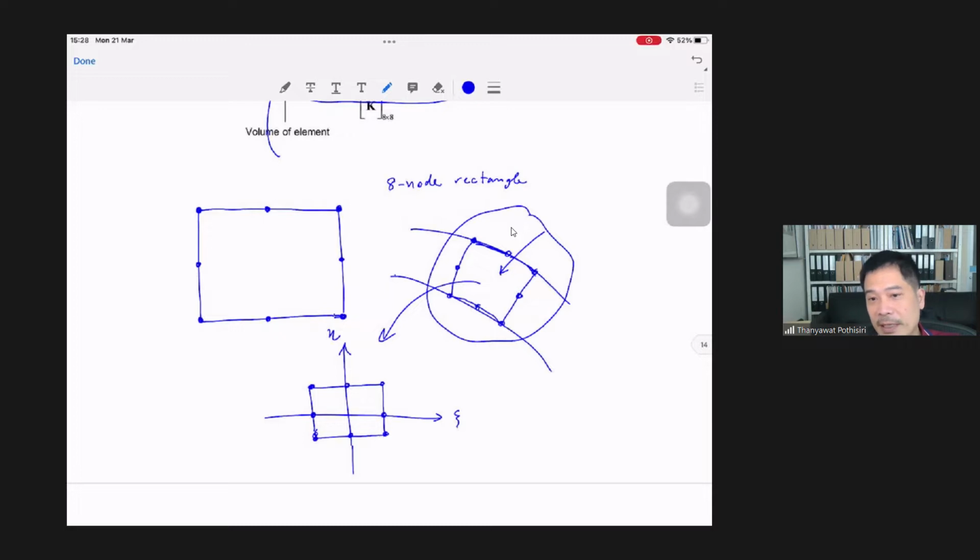So again, the objective of doing this is to enable us to compute the integral of interest, in this case, the integral for the element stiffness matrix, in a much more simple domain.